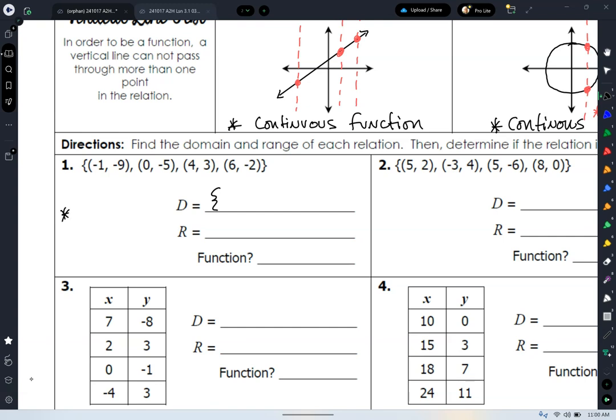And for domain and range, sets are written left to right, least to greatest. Go ahead and find your domain, your range, and whether you think it is or is not a function. Write it out. Let's see what you do. Give it a shot.